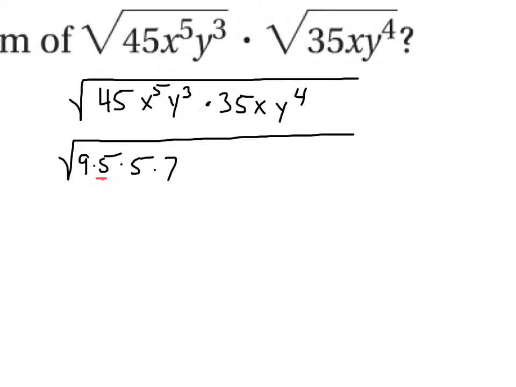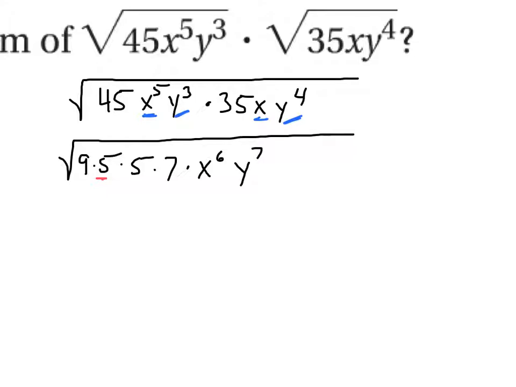That's 35. And then what is x to the 5th power times x? x to the 5th power times x is x to the 6th power. And we need y to the 3rd power times y to the 4th power. I'm sorry, y. Yes, y to the 3rd times y to the 4th is y to the 7th power.